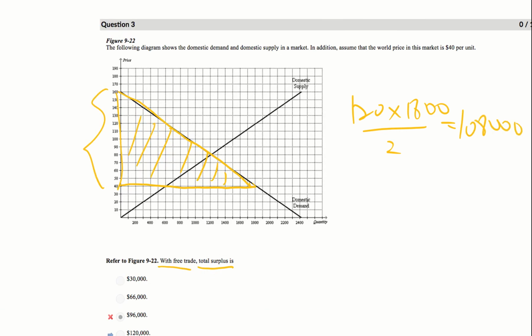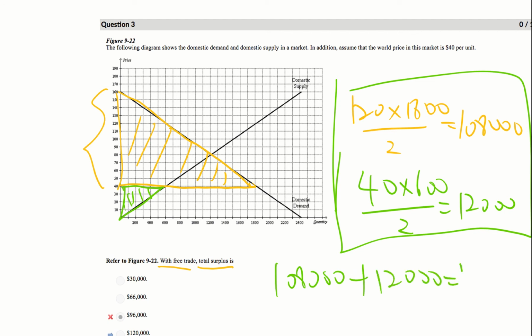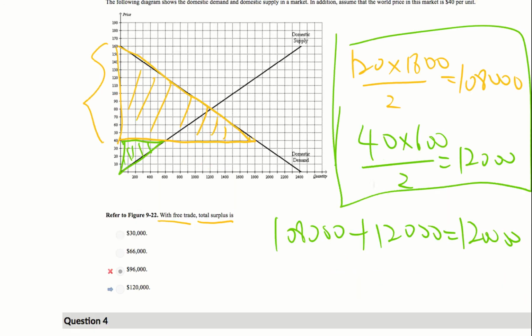Okay, and then the producer surplus will be the little triangle below. That's the producer surplus. So the vertical difference is 40, the horizontal difference 600, and don't forget divided by 2, and this will be another 12,000. So your total surplus, add everything together, so 108,000 plus 12,000, and the answer should be 120,000. Okay, so the answer is D.